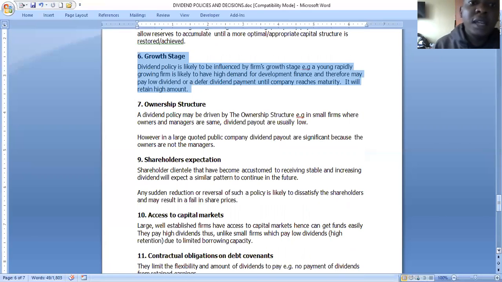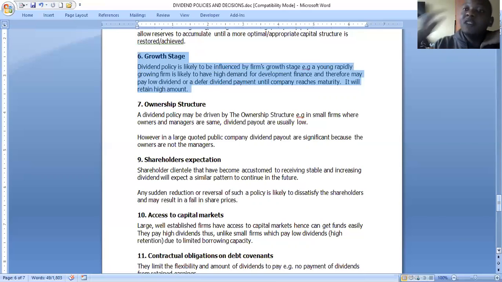So it will therefore retain a high amount. Young firms that are looking towards growing need a lot of financing to finance their growth. And one of the ways to finance their growth is through retaining profits. So you find that young firms will retain as much as possible to finance their growth.